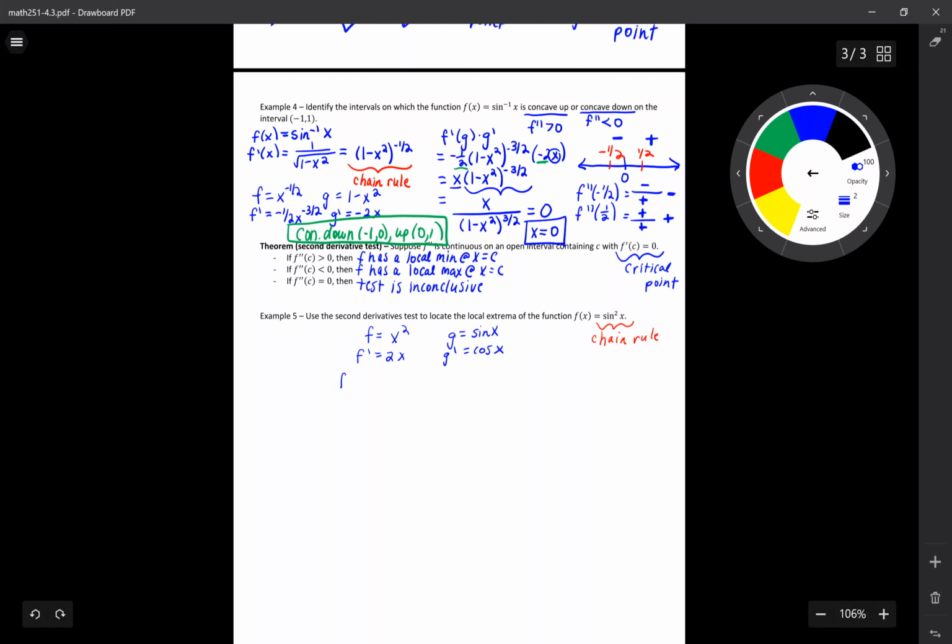So then f prime of g times g prime is equal to 2 sine x cosine x. And this is the first derivative, y prime. So then to find the second derivative, I am going to need to use the product rule here. But you know what? Nah, we'll just use the product rule.